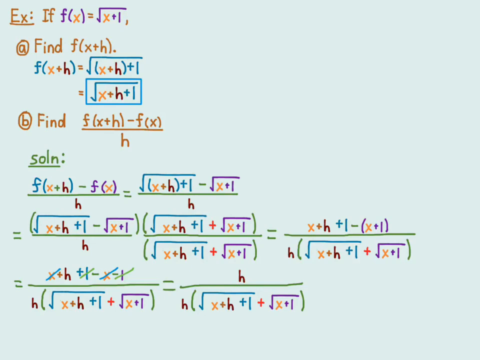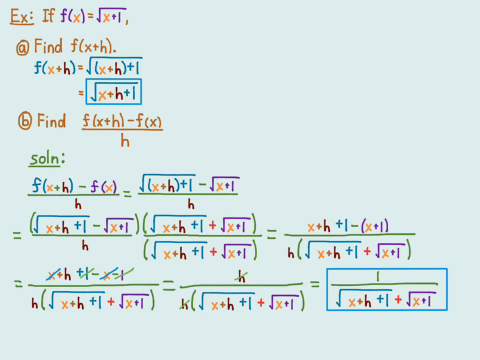Remember, canceling by dividing leaves a 1. So I get 1 over square root of x plus h plus 1 plus square root of x plus 1. And that's the answer. Don't try to rationalize the denominator. You'll end up back where you started from. So that's what we want.